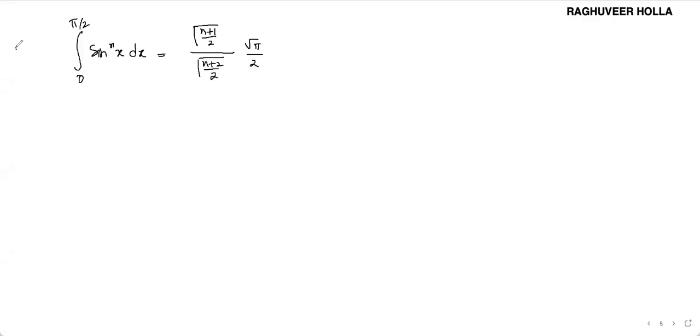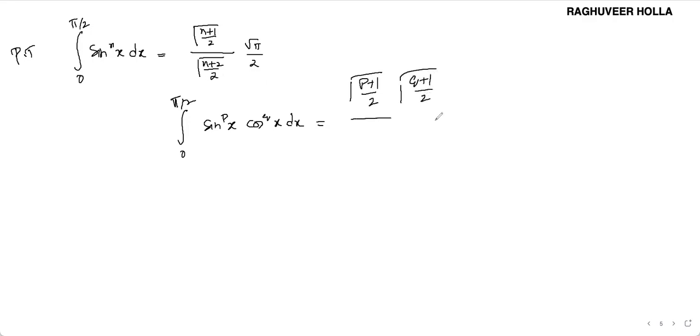So let us prove this. We know that the integral from 0 to pi by 2 of sine p x cos q x dx is equal to gamma (p plus 1) by 2 gamma (q plus 1) by 2 divided by 2 gamma (p plus q plus 2) by 2. Here p is n and q is 0.